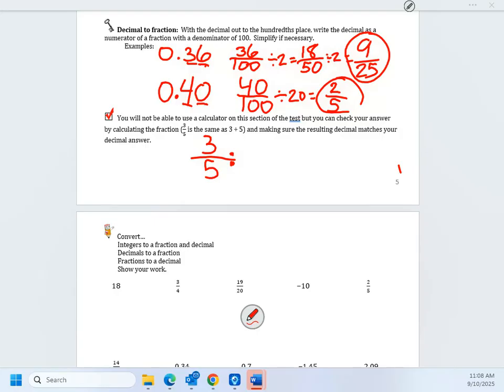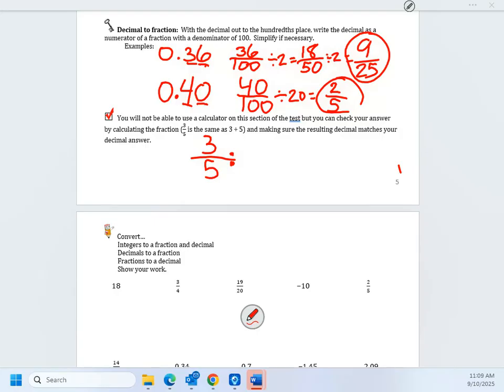So you take your numerator, divide it by your denominator, and you'll get your decimal. You won't be able to use the calculator on the test, so you have to work it through this way. But you can check your answer as you're working to make sure you're doing it correctly.